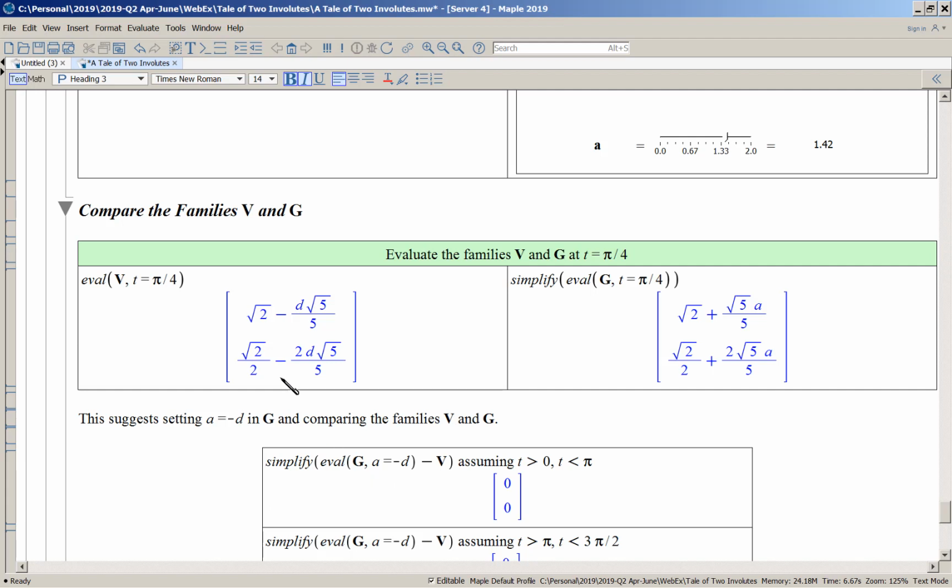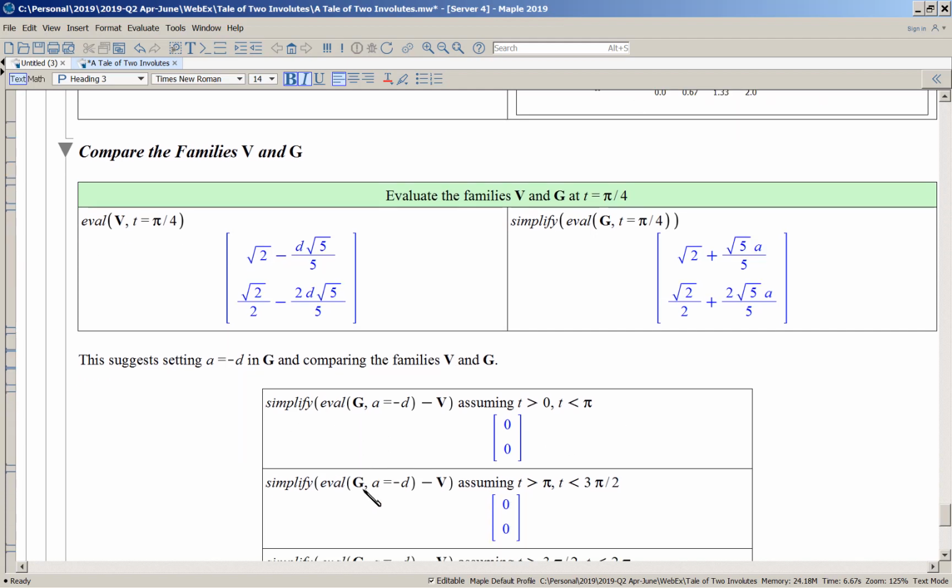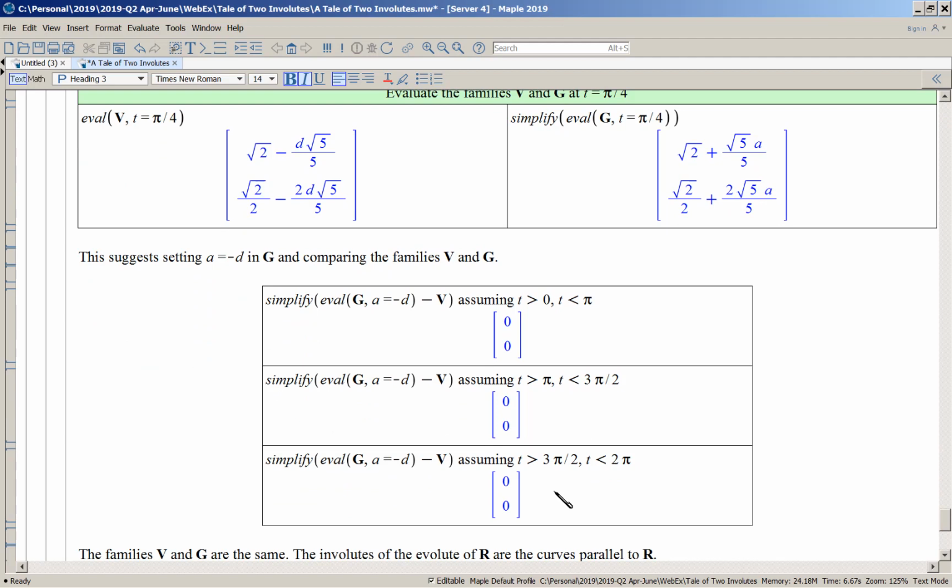Well, let's take the second family, change A to minus D, and compare it to the first family, and let's look at it between 0 and pi. They're the same because the difference evaluates to 0. Let's do the same thing on pi to 3 pi over 2. You get 0. And let's do it from 3 pi over 2 to 2 pi.